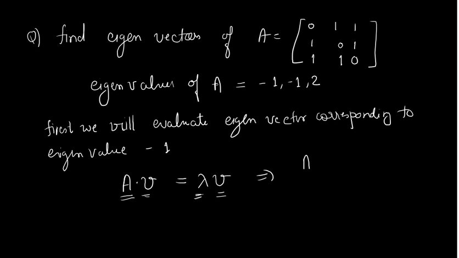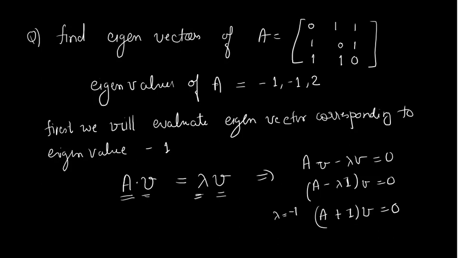Since we are interested in finding the eigenvector corresponding to eigenvalue -1, we replace lambda with -1. It will become (A plus I) v is equal to 0.